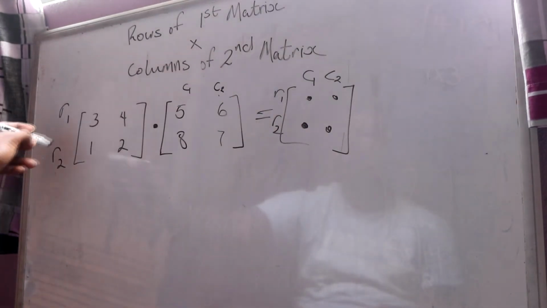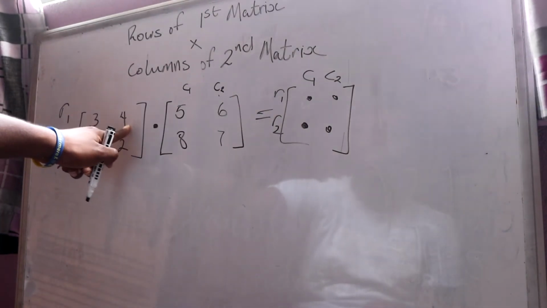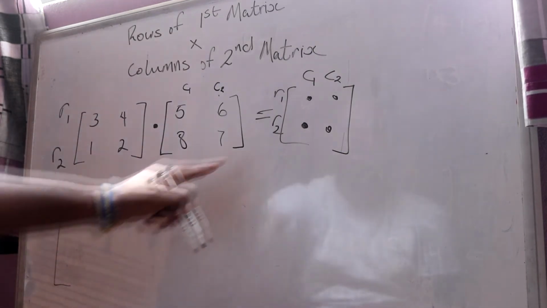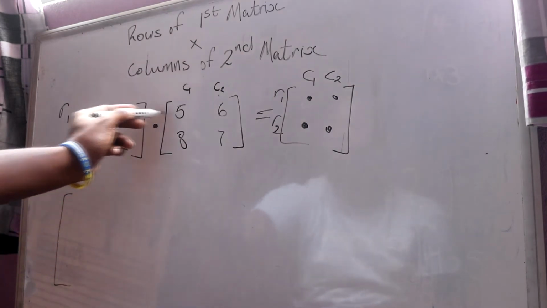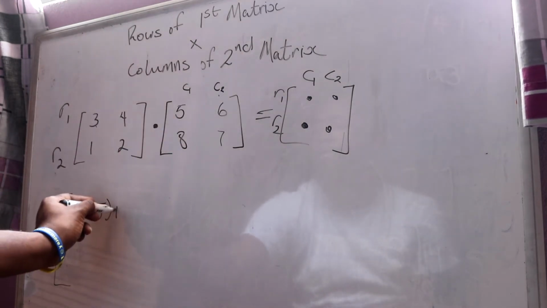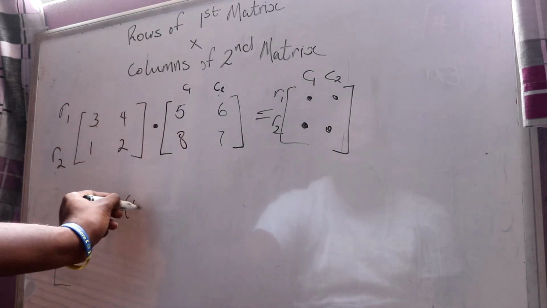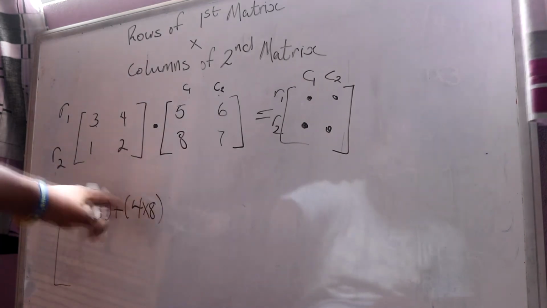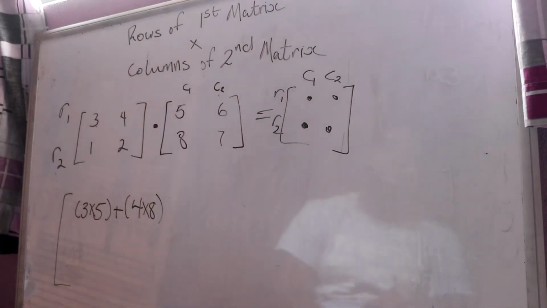So row 1 has 3, 4. Column 1 has 5 and 8. So this first person is going to be 3 by 5 plus 4 by 8. And that, when we solve this, it's going to give you that first thing.